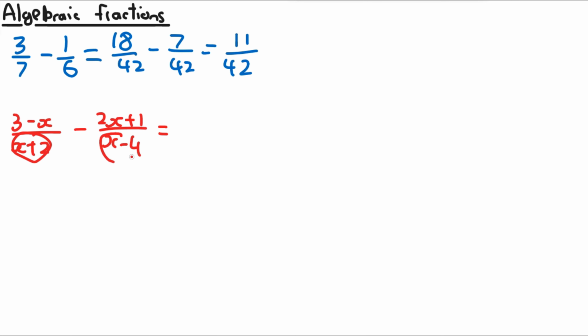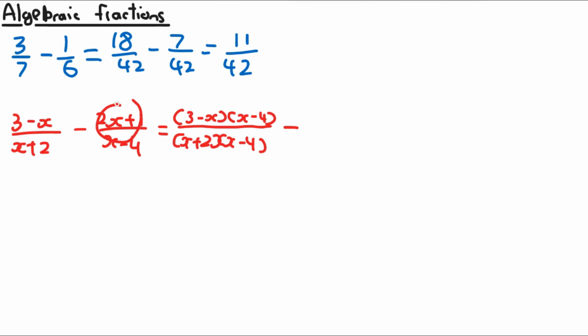We make the denominators the same, so we're going to times this whole thing by x minus 4 to get (3 minus x)(x minus 4) as the numerator, and this is going to be over (x plus 2)(x minus 4), and this is going to be minus, and then we times this whole thing by x plus 2 to get on the top (2x plus 1)(x plus 2), and this is going to be over (x plus 2)(x minus 4).